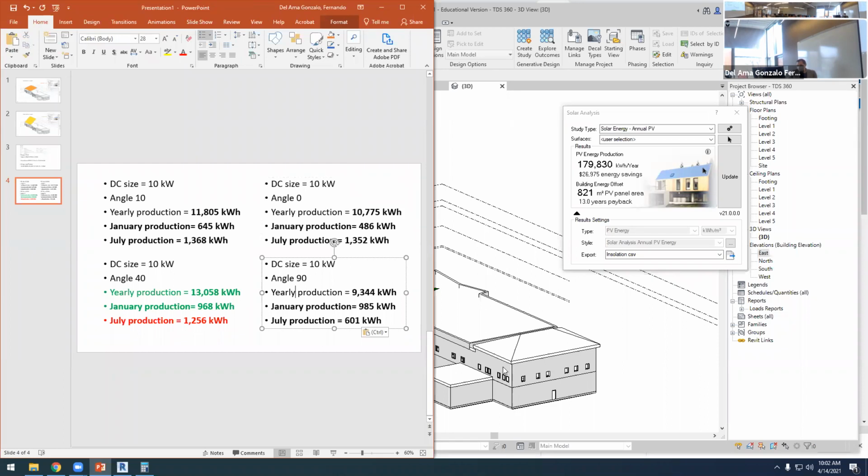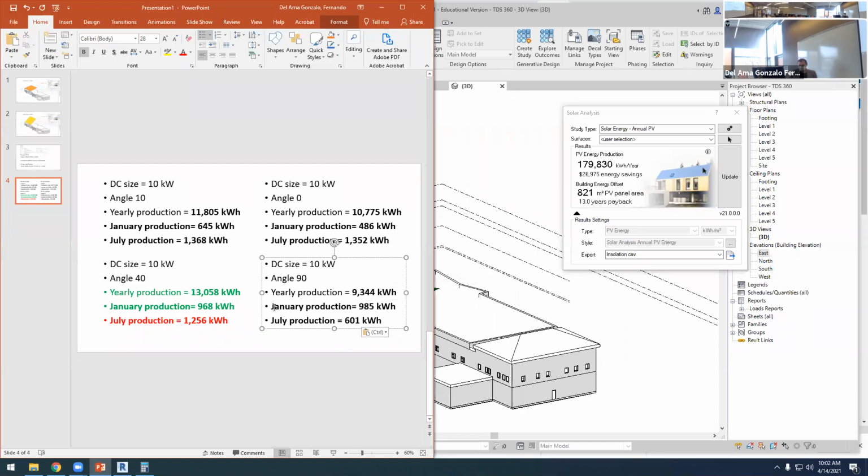What if I place it in the wall, like a vertical one? Well, the vertical has the lowest performance in July and the yearly one, but it's the highest in winter. Okay, so that's interesting.